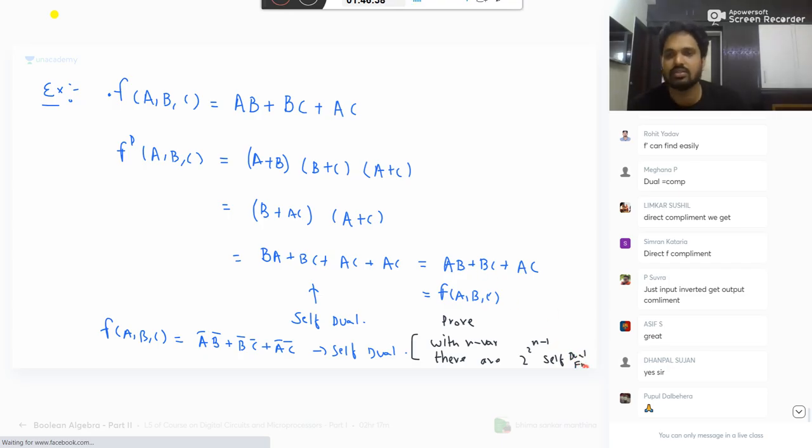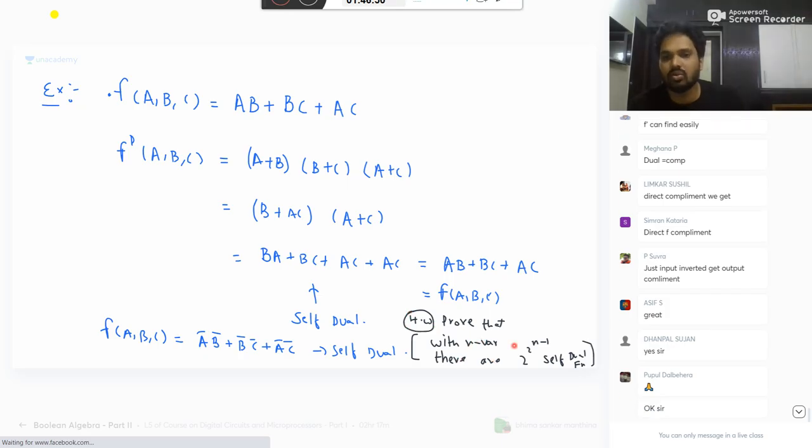I'm sorry to write like this. What is that? I want you to prove this. This I am giving you as a homework. I will prove in the class. Don't worry about that. If you have n variables, there are 2 power n minus 1 self-dual functions. This you need to prove. Okay. This I am leaving you as homework. We'll discuss in the class also. Don't worry.